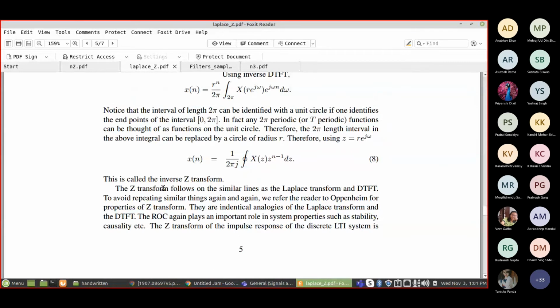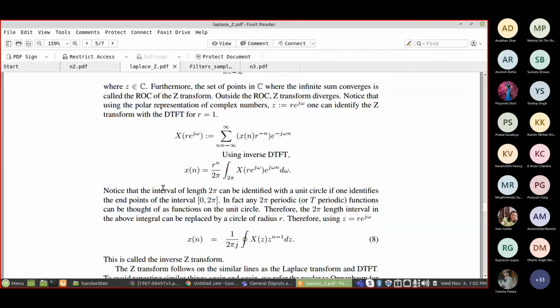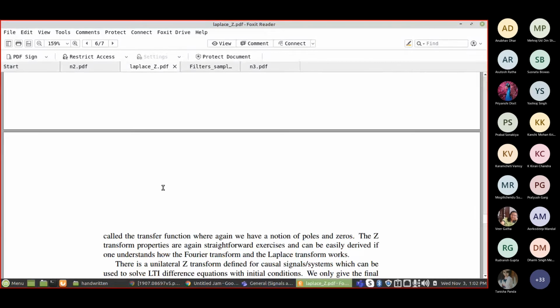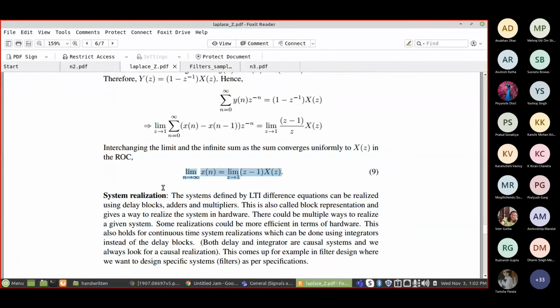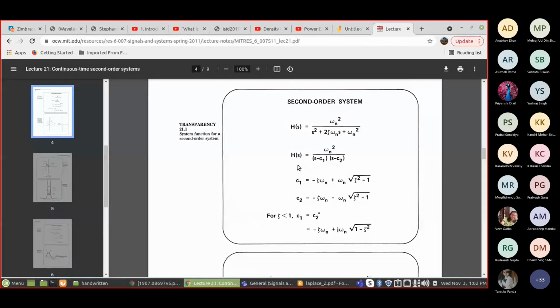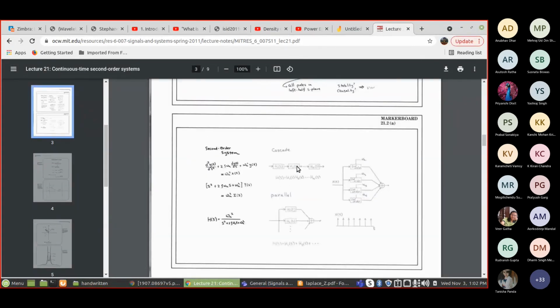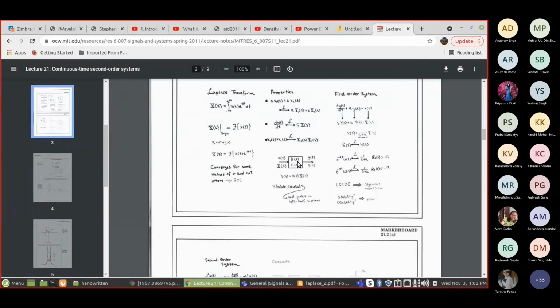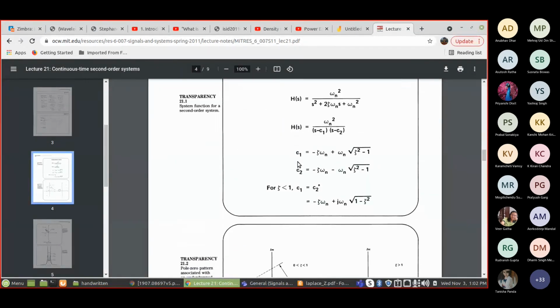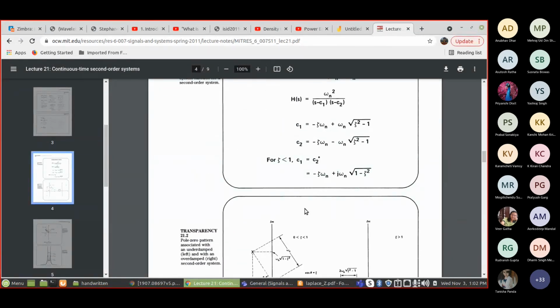But you can have a look at these things from Oppenheim's book or whichever book you are referring to. With the understanding of the Laplace transform and Fourier transform, you should be able to understand this. And just have a look at this order things also. I'm not going into much detail because this is not that complicated and sort of boring, and you don't want to hear it from me with my boring monotonous voice. You can just read it rather than me reading it for you.